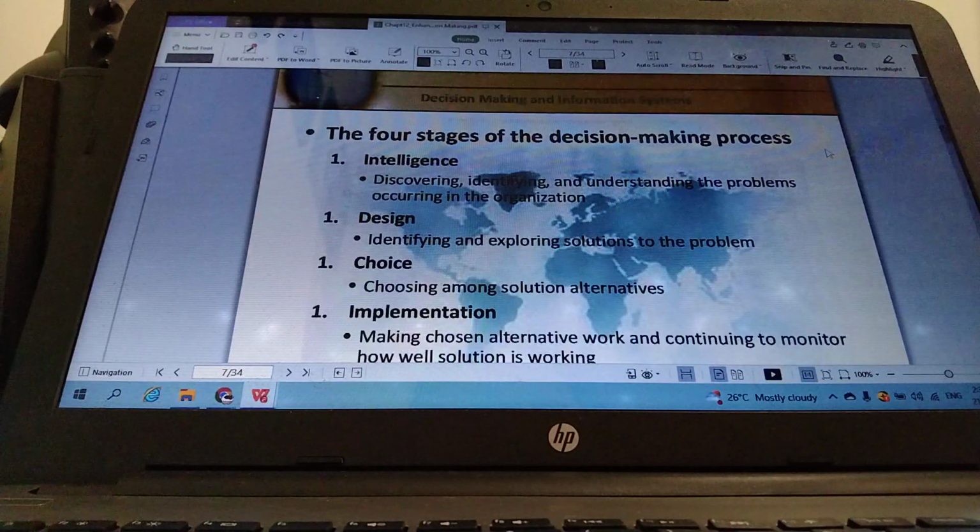where decision related to new decision, for example, discovering new challenges, new methods, new issues, new problems, new market, and understanding the problems occurring in the organization, which requires some kind of intelligence, or we call it business intelligence, in the process of making decision.